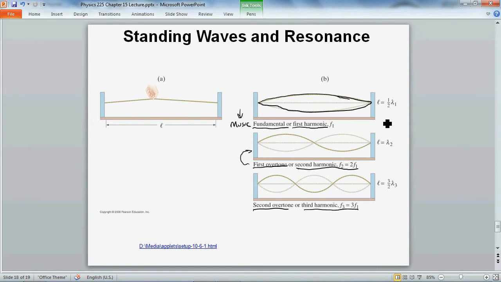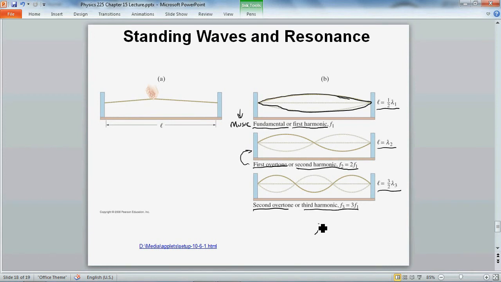And look at how the lengths will go. It's in terms of 1/2. So for the first harmonic, it's 1/2 lambda. For the second harmonic, it's just lambda, and that lambda 2 means that it's the second harmonic, and lambda 3 is just the third harmonic, and it's 3/2. So we can put this into a general form.